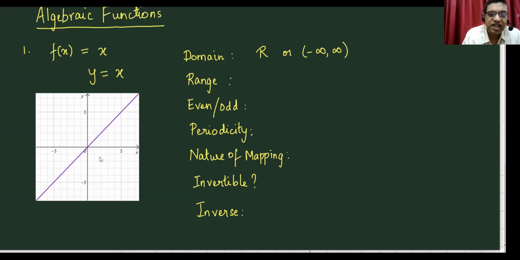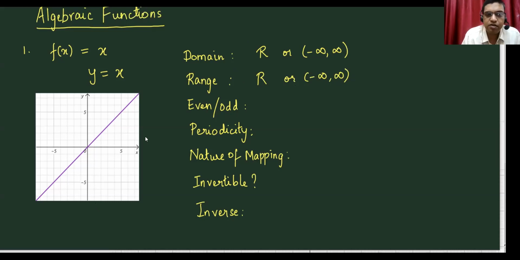Next, what is the range of this function? R. Very good. The range of this function, you can see the graph extends from minus infinity to infinity. There's no bound. So range is R.